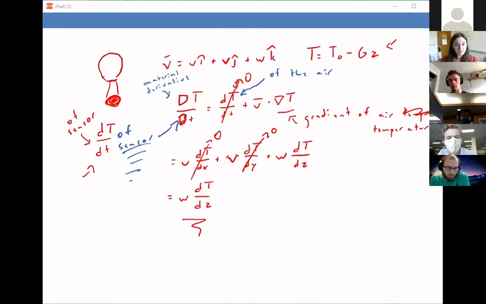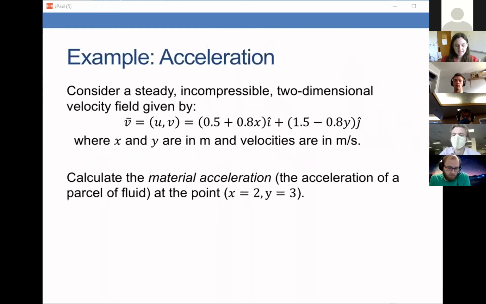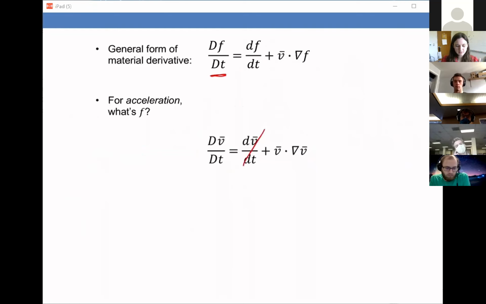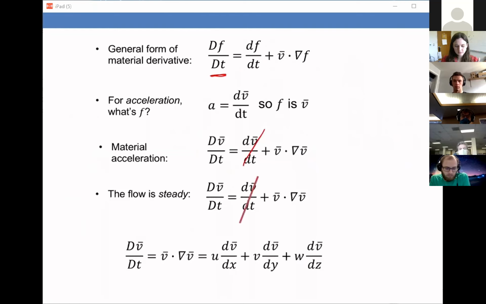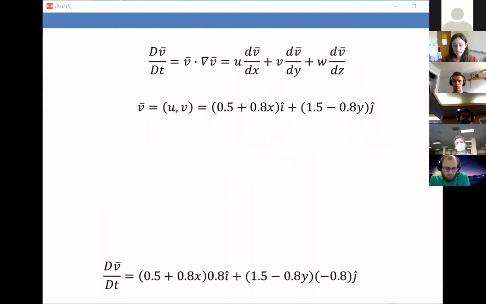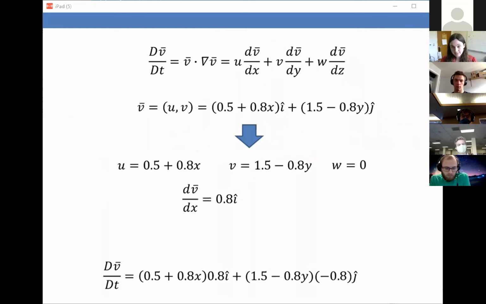And the steps are exactly the same: you figure out what U, V, and W are, and then you figure out what dV/dx, dV/dy, and dV/dt are. Then you put them together, get the material derivative. So a little bit more math.